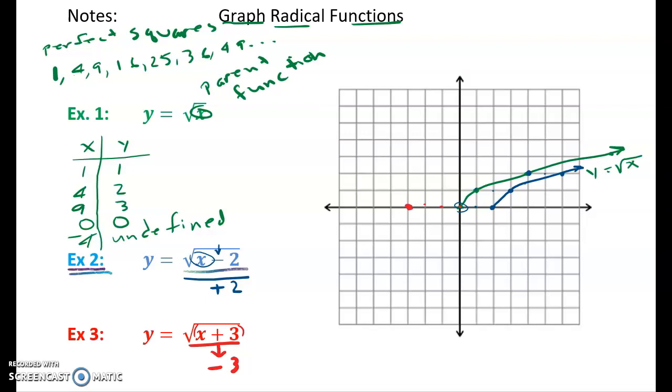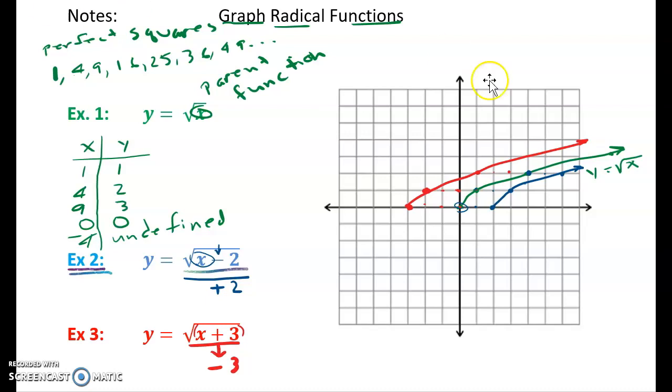The point 1, 1, I'll move back 1, 2, 3 units. The point 4, 2 in my parent function, I'll move back 1, 2, 3 units. And now I can build that function. So that's what happens with everything under a radical.